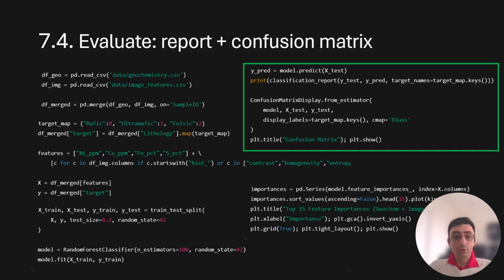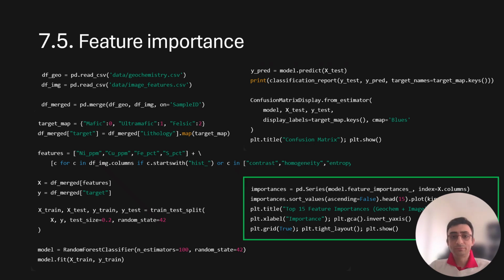This block is for the classification report, which gives precision, recall, and F1 per class, and the confusion matrix, which tells you who's getting confused with whom. This code block gives us how much each feature reduces the impurity across the forest.